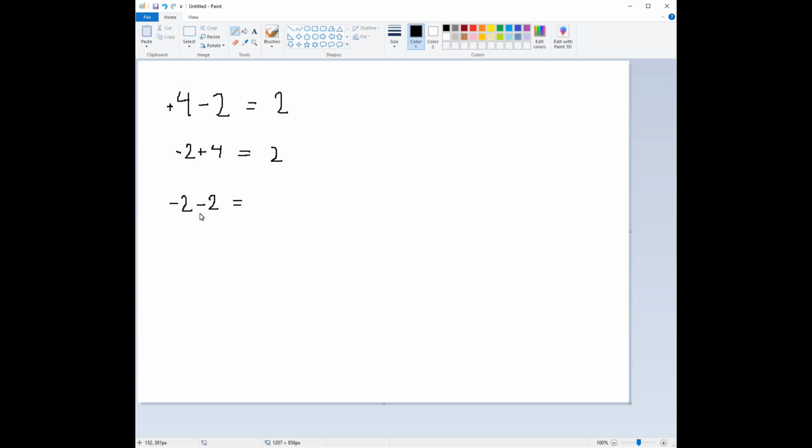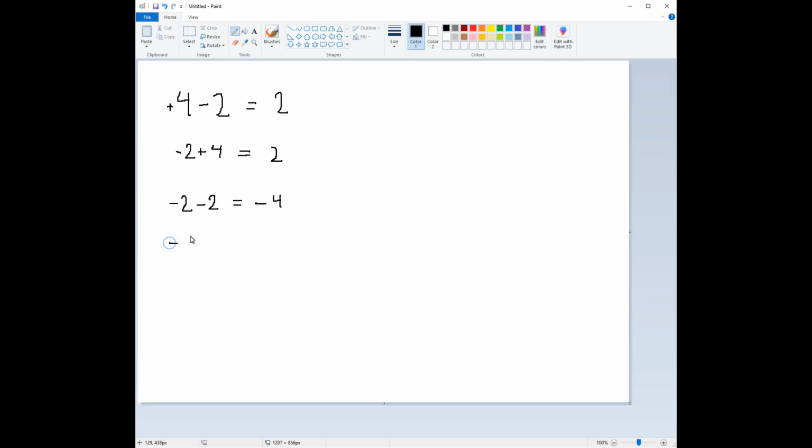Now, this is where it might be a little bit confusing, but basically, we don't say negative 2 minus 2, so the answer is 0. That's not how it works, because both numbers are negative. So we actually add them together. So how many negatives do we have in total? We have 1, 2, 3, and 4. The answer is negative 4.